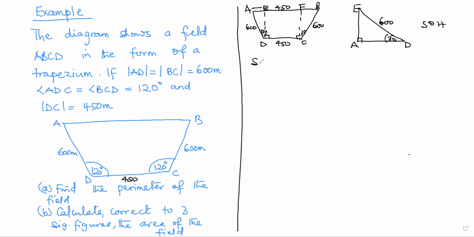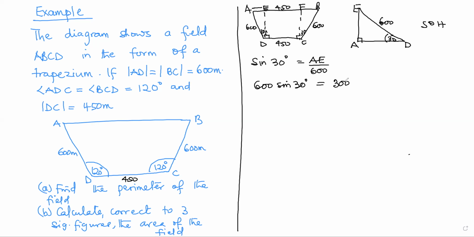So we can say sine 30 degrees is equal to AE divided by 600. So we cross multiply, we're going to have 600 sine 30. And 600 sine 30 will give me 300 because sine 30 is half.